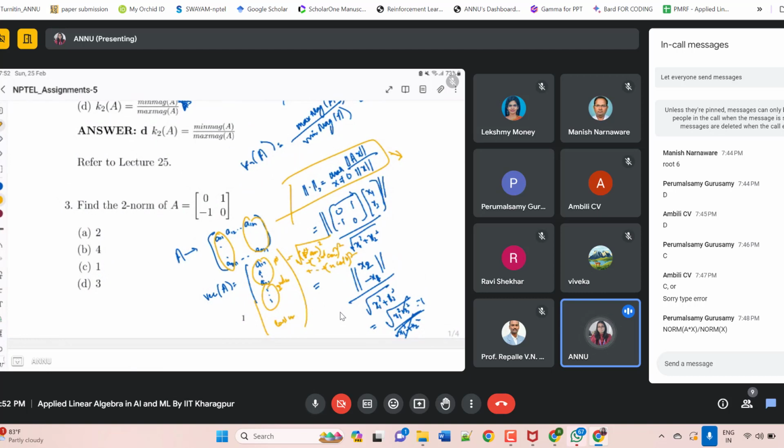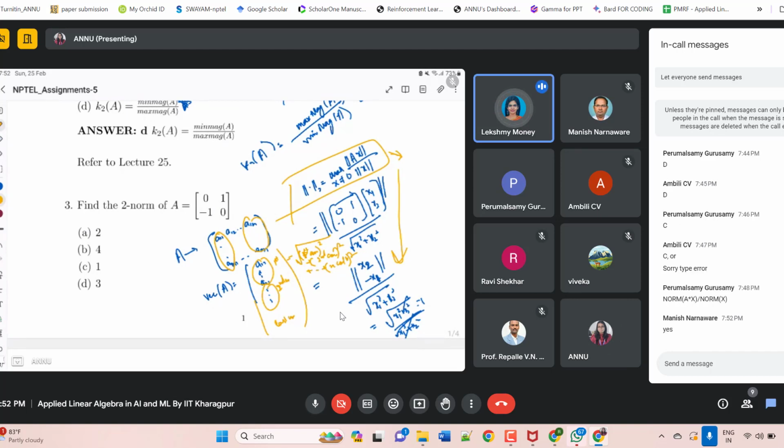You have to solve like this. There is another way to solve it, no? The two norm of a matrix is the square root of A transpose A. That was taught in lecture 3 or so, in the previous lectures. You can calculate that, and verify with that also.